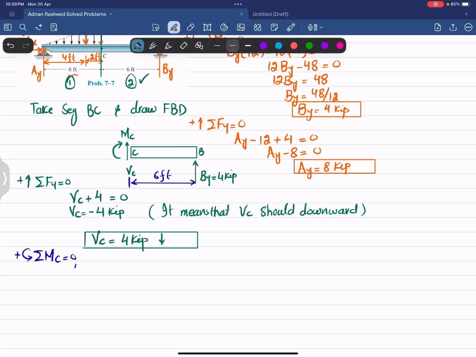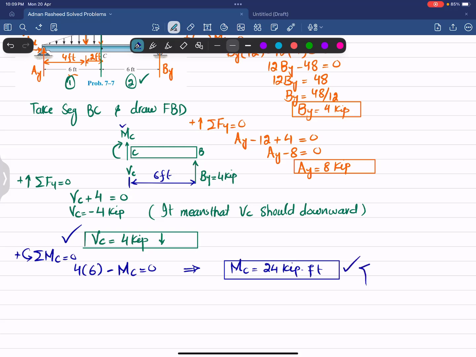So I can write 4 multiplied by 6 minus this MC, which is taken as negative clockwise, equal to 0. From here we have MC equal to 24 kip-feet. This is how we have found the internal shear force at C and the moment at C, which are the answers to our question.